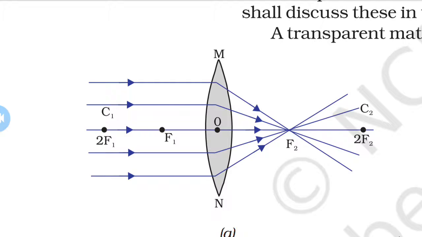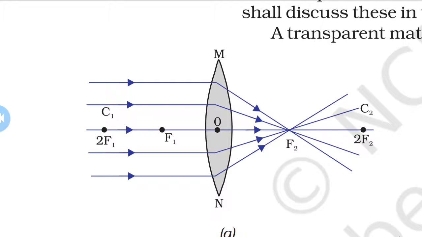Thus a lens has two centers of curvature, C1 and C2. The first surface of the lens has C1, and for surface 2 it is C2.